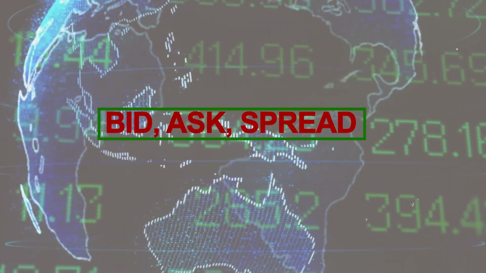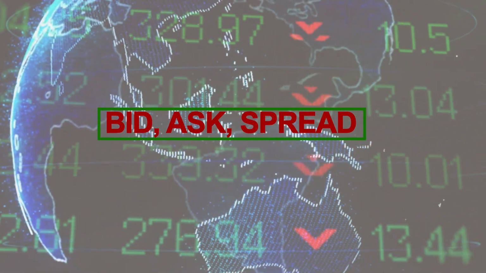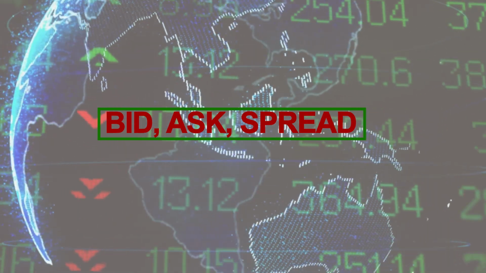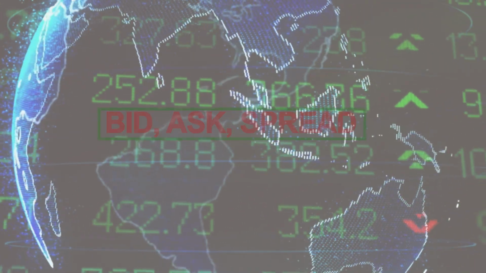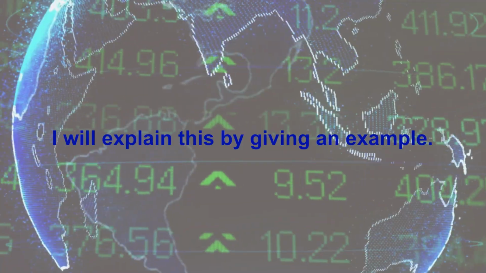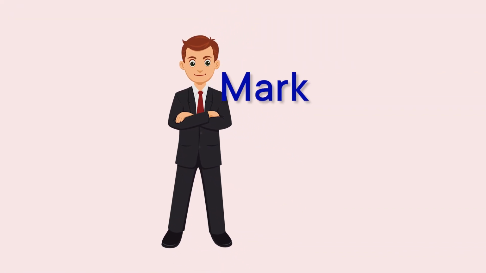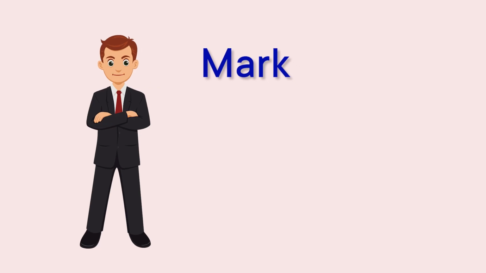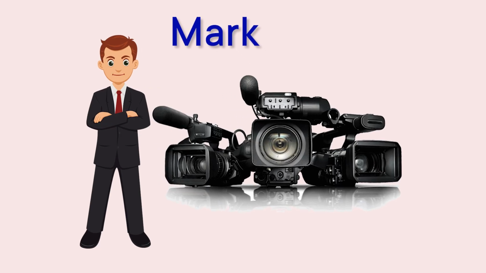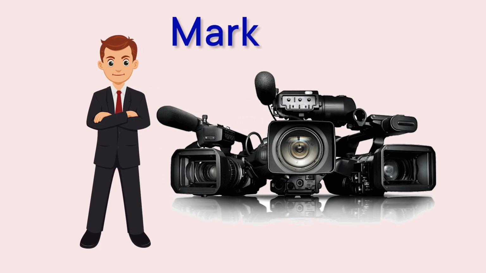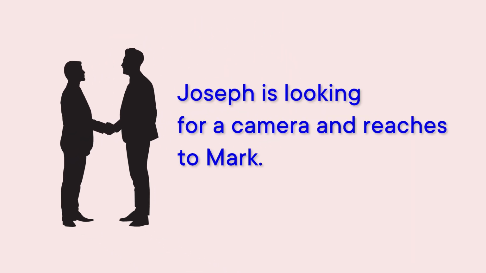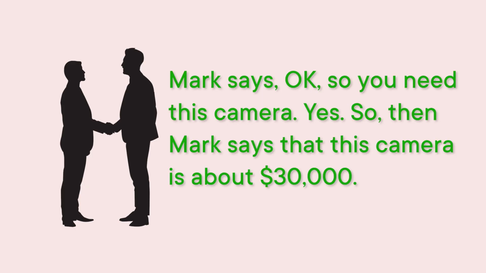And also in the forex market and even other financial markets, we have what we call bid, ask, and spread. I will explain this by giving an example. Let's say we have someone by the name of Mark. Mark has a store selling cameras. And then we have a customer called Joseph. Joseph is looking for a camera and reaches out to Mark. Mark says, okay, so you need this camera? Yes.